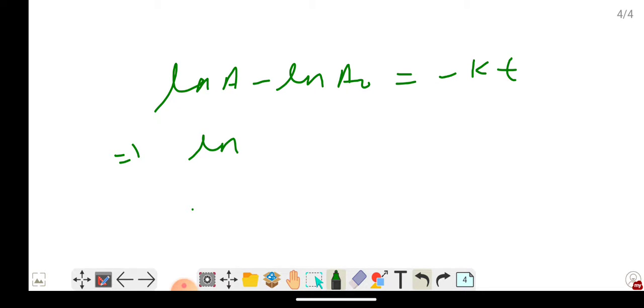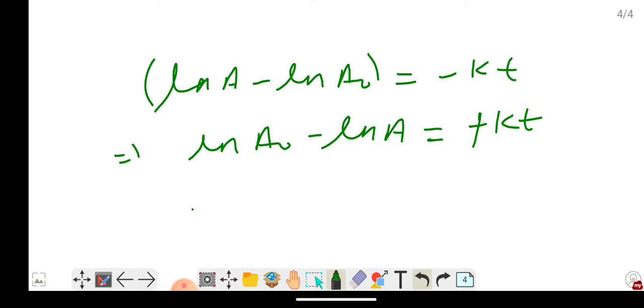This implies ln A naught minus ln A is equal to minus of minus Kt, which is plus of Kt. Multiplying both sides by negative, this negative becomes positive and this negative becomes positive, so we change the side.